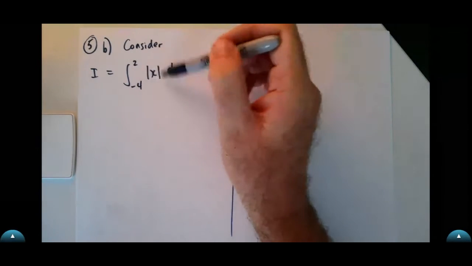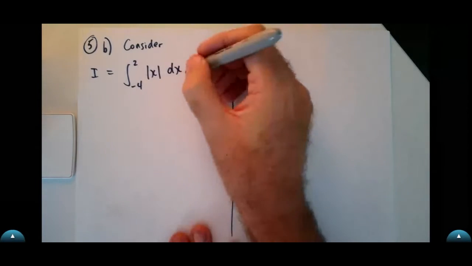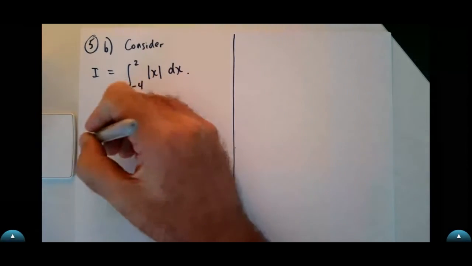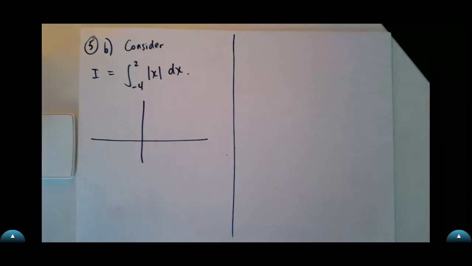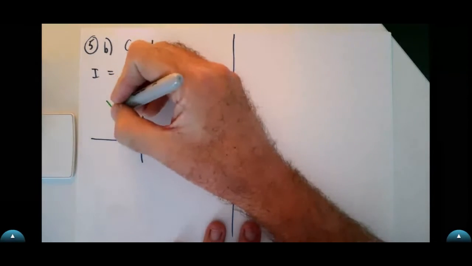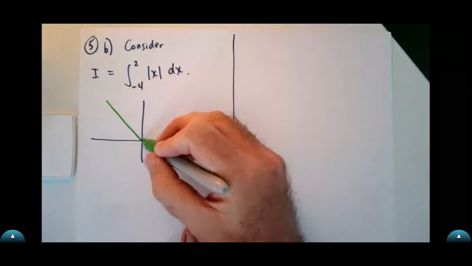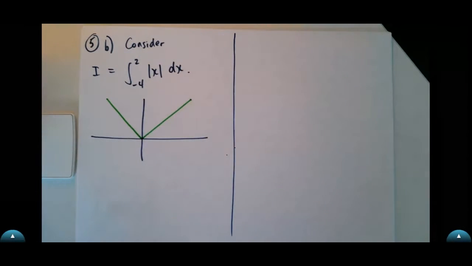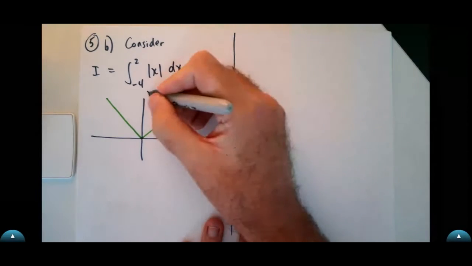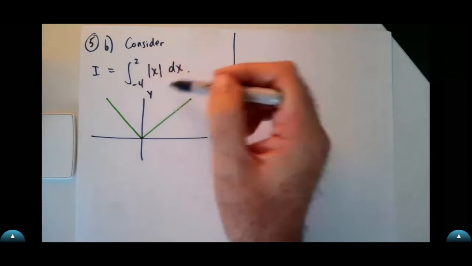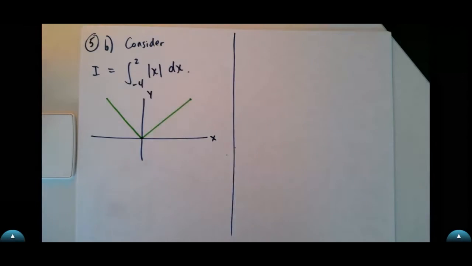So what does the absolute value function look like? Well, it's going to be something like that. It's a very famous function in mathematics, this absolute value function. And what are we actually looking to calculate here?